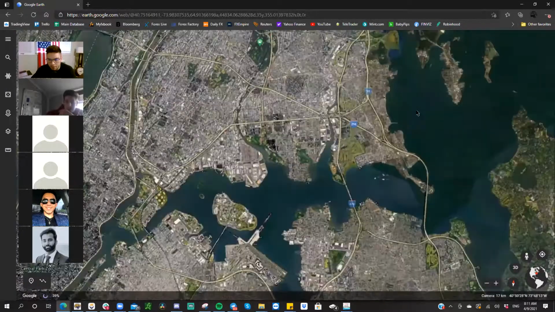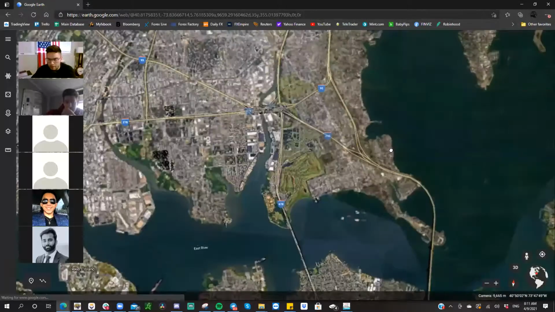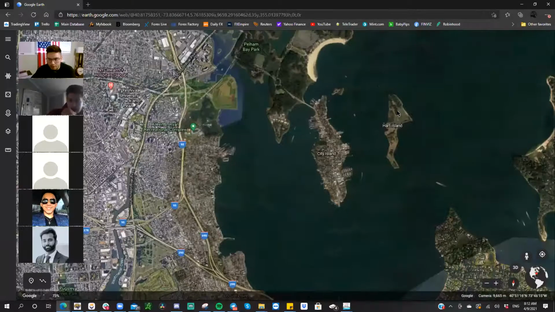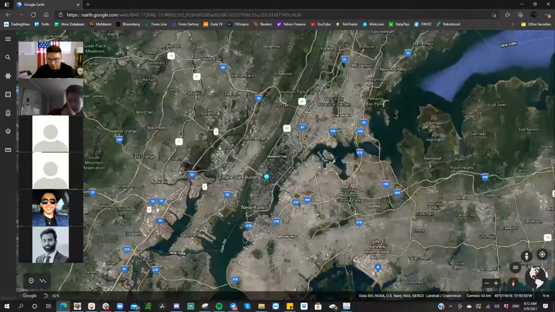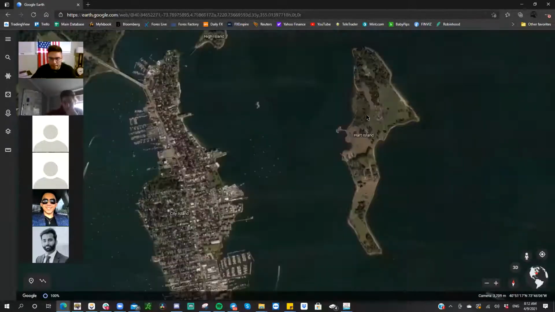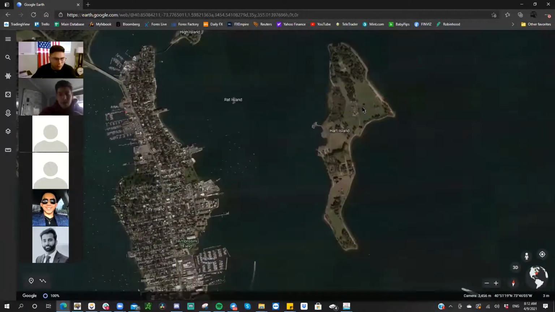Wait, I want to see where Hart Island is. This is it. So this is Hart Island, up by the Bronx. If you remember in the beginning of COVID, when New York got ransacked with deaths. Do you guys remember that? Yeah.